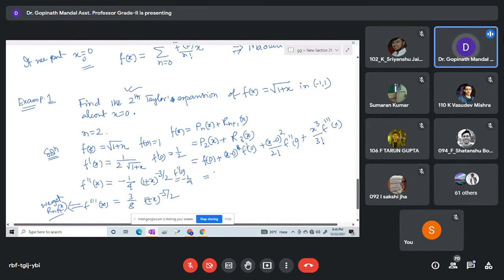So fx equals 1 plus x by 2 minus x squared by 8 plus x cubed by 16 (1 plus c) to the power minus 5 by 2.